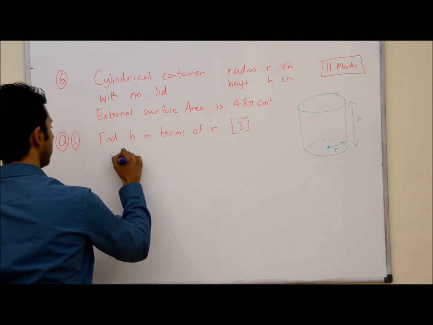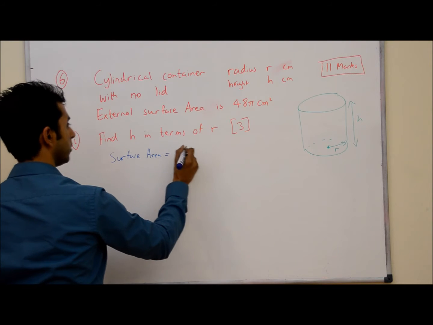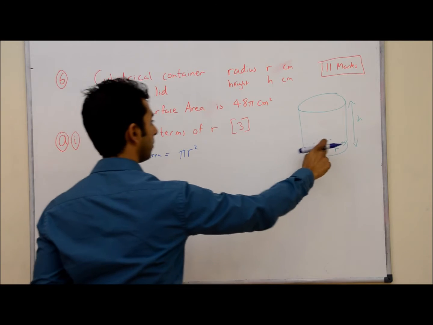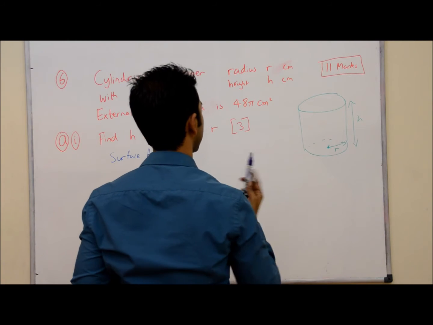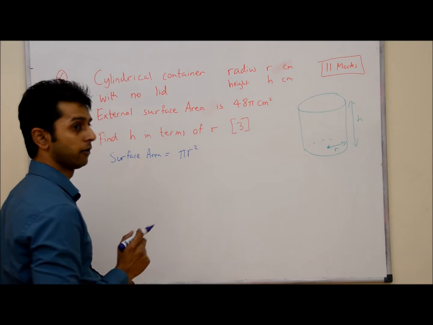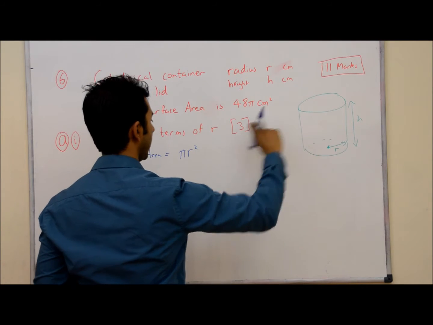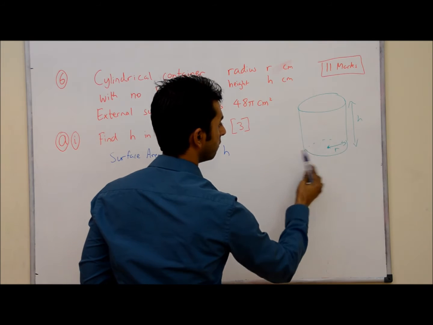So the total surface area is equal to pi r squared, that's the circle part on the bottom, plus the curved surface on the outside. Now this is in the shape of a rectangle, and the dimensions of this rectangle are going to be h multiplied by the circumference of the circle.